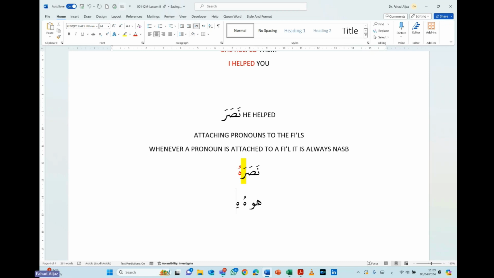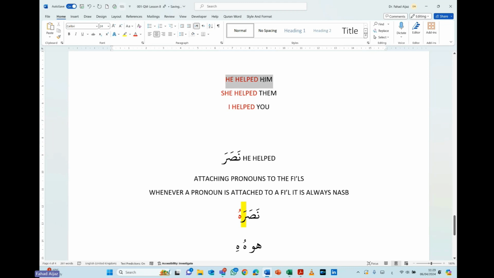And we said whenever the pronoun is attached to an ism, if you remember the idafa studies, it is always jar. But the same pronoun, whenever it's attached to a fi'l, it's always nasb. So when you attach the who with nasara, you are actually trying to build a construct like this. He helped him.